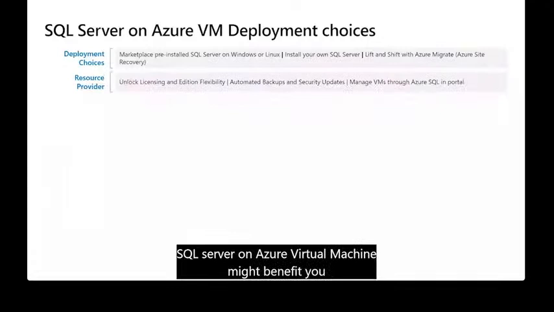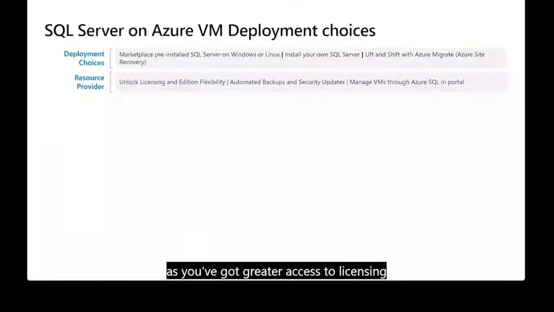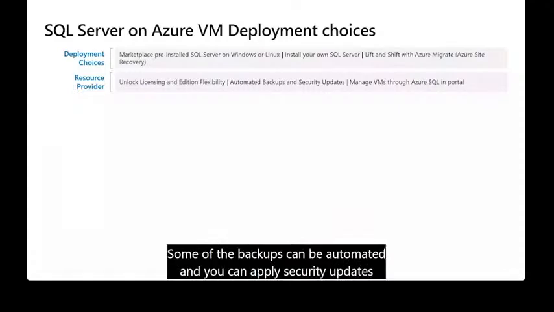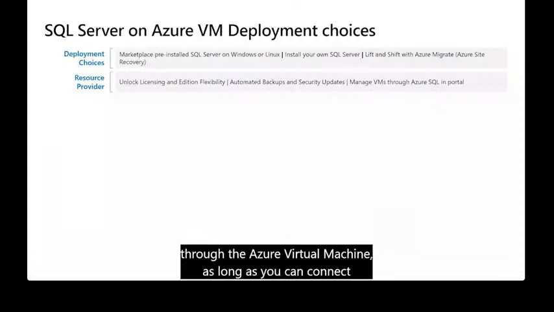SQL Server on Azure Virtual Machine might benefit you because you've got greater access to licensing and additional flexibility in the cloud. Some of the backups can be automated and you can apply security updates to your databases as well. You can also manage your SQL servers through the Azure Virtual Machine as long as you can connect to your virtual machines.